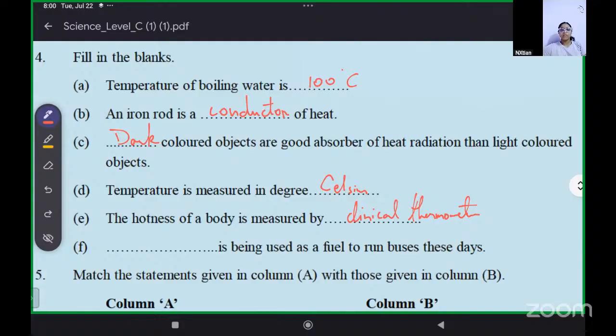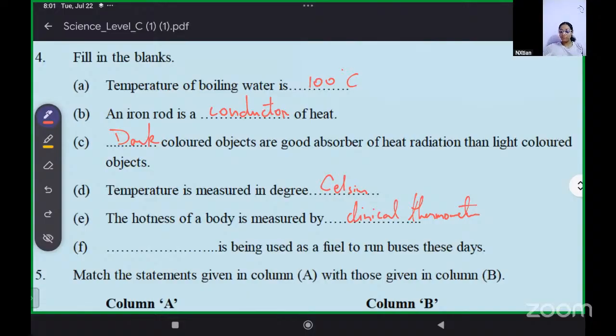Yeah, diesel is there. Some will do petrol. Cars are more running on electric. CNG. Electric. Some buses are electric, some vehicles are electric.